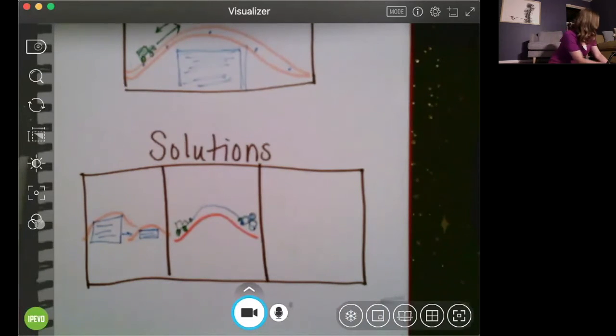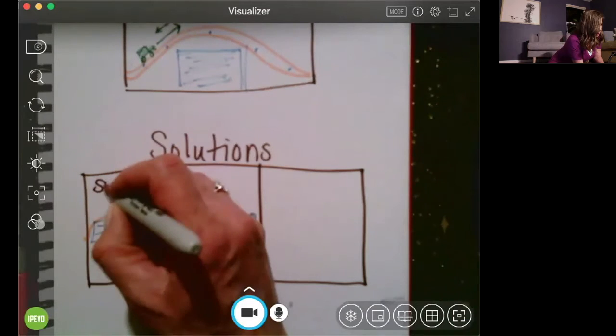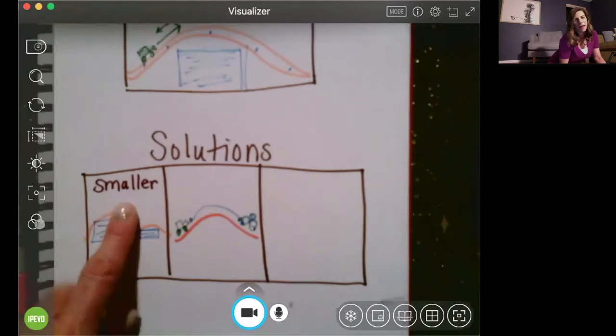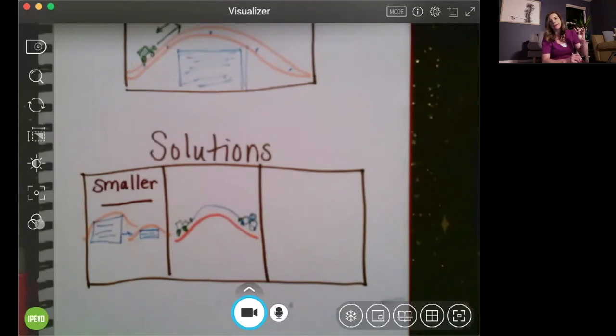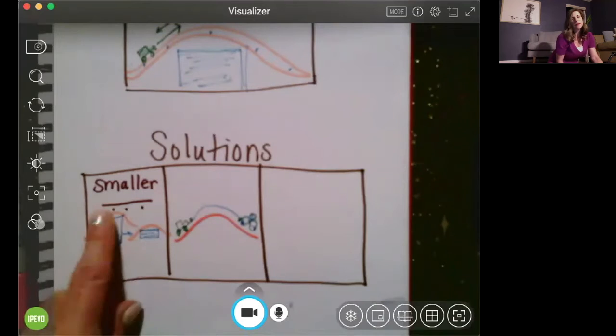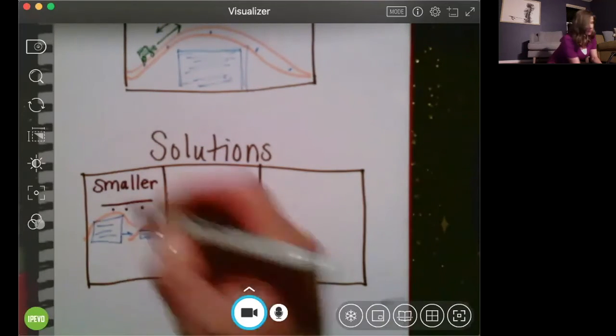So I'm just thinking I should probably write these down too. So here I'm going to say smaller box. Help me spell box, guys. B-ox, box. I heard 3 sounds, so I'm going to make 3 dots here. That way it reminds me I need 1 letter for each sound.